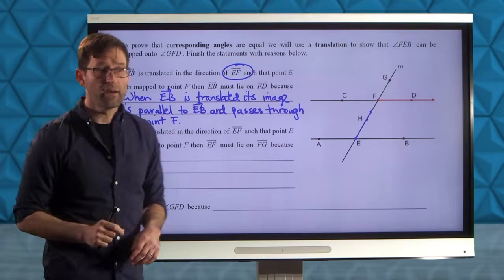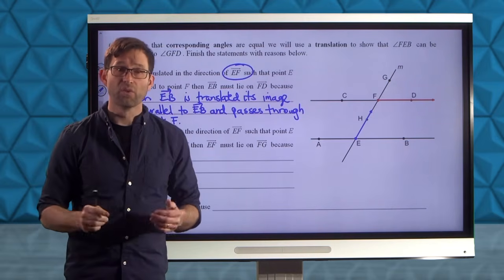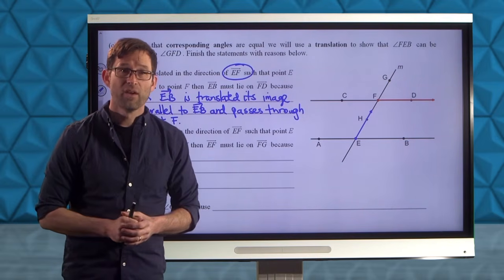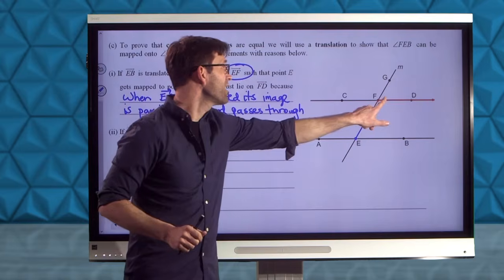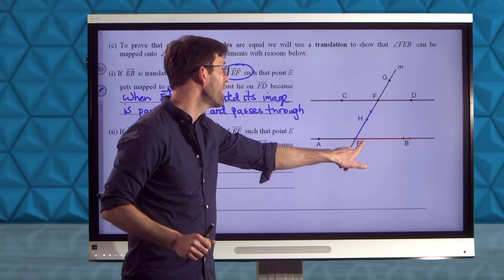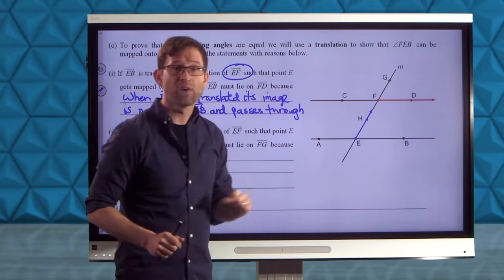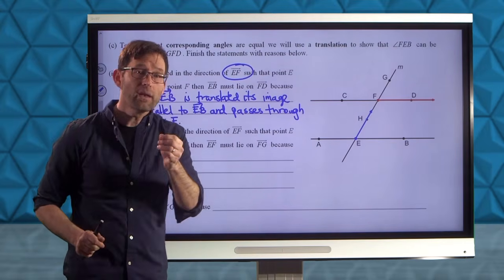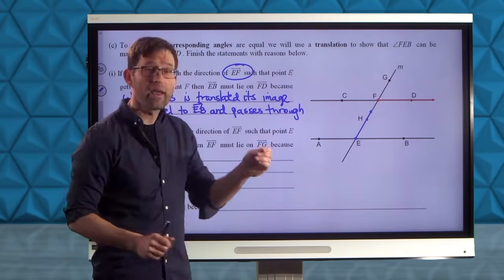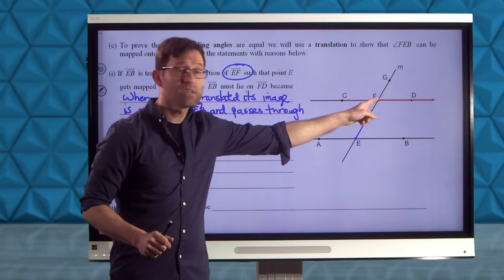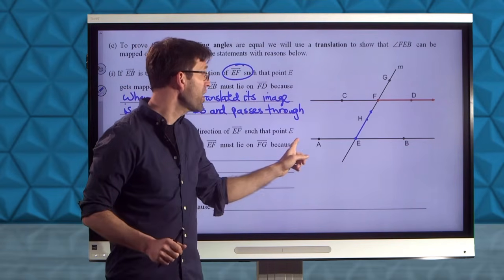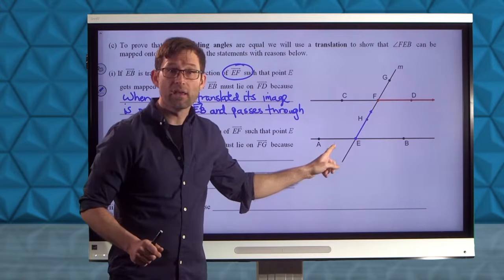Now, strangely enough, this actually goes back to Euclid's parallel postulate. When I take ray EB and translate it up so that point E gets mapped onto point F, I know that I have a ray that starts at point F and runs parallel to EB.